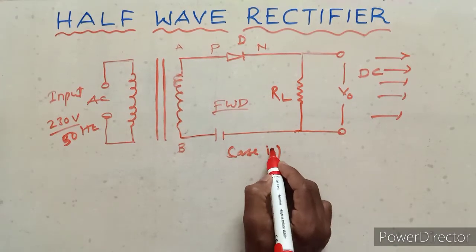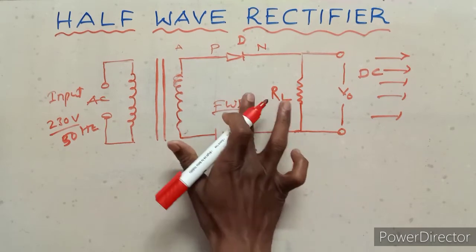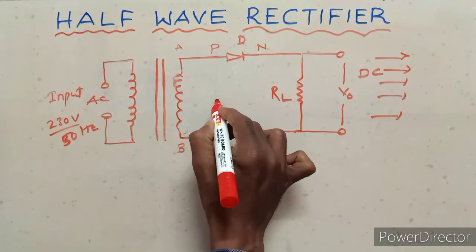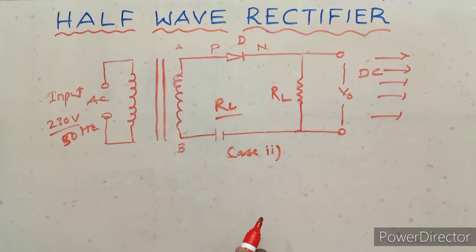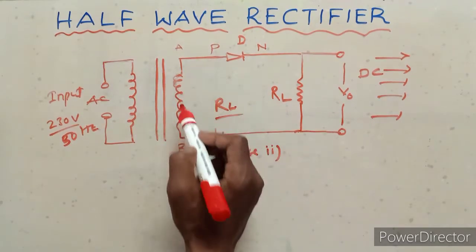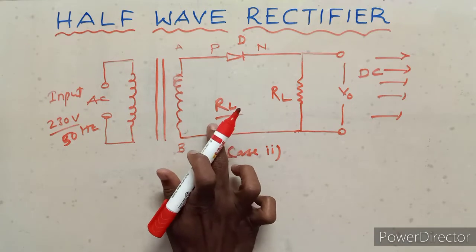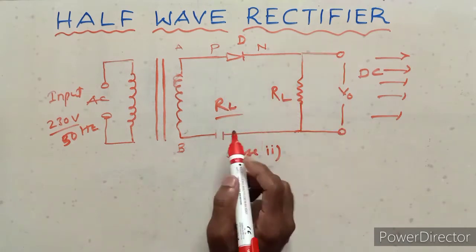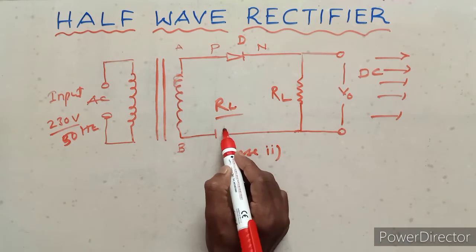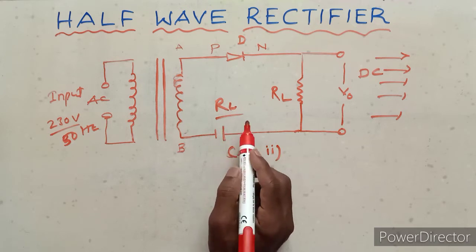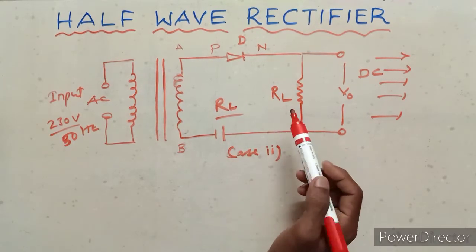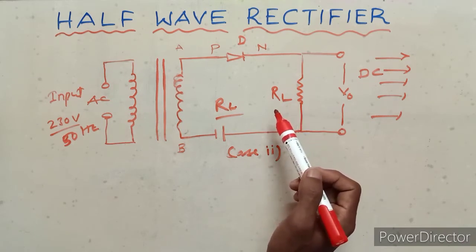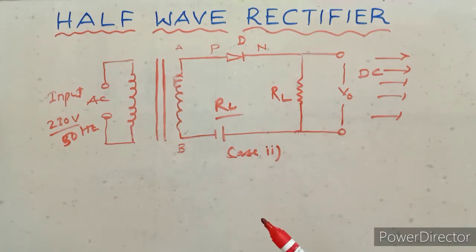In the case 2, this is the reverse bias. So in reverse bias, P type of semiconductor is connected to negative terminal of the battery. N type of semiconductor is connected to the positive terminal of the battery. This is the false bias. So in this case, current will not flow through the load resistance.